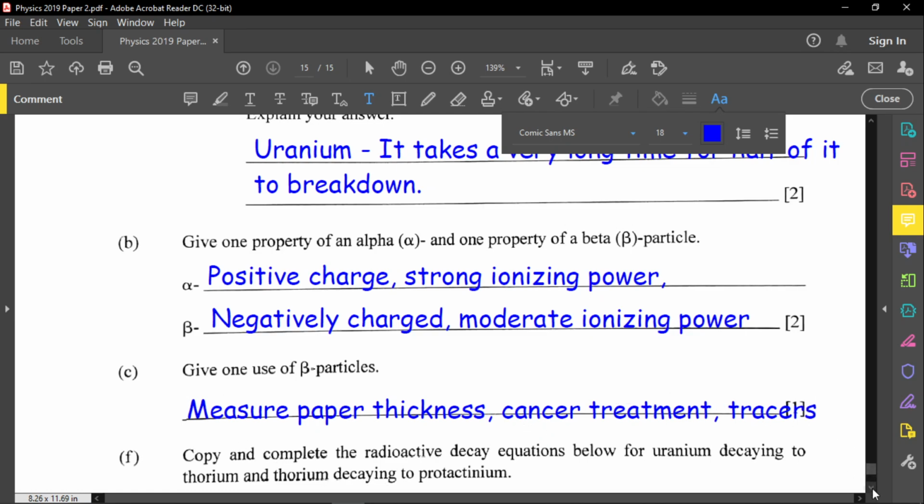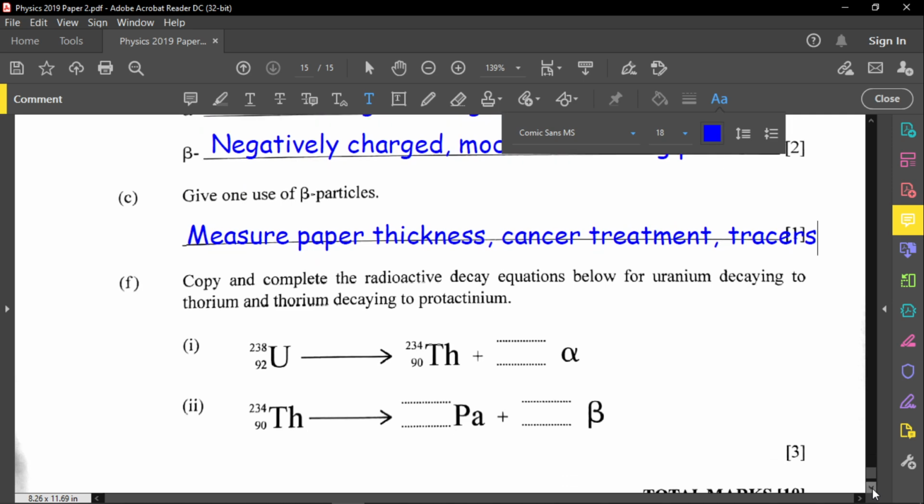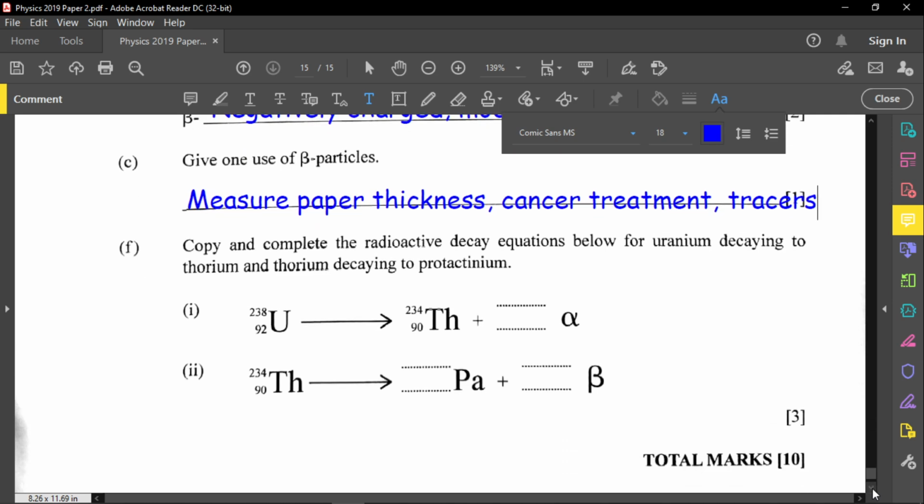All right, so we are at the next part of the question, part F. This is the last part of the question, worth 10 marks. Copy and complete the radioactive decay equation below for uranium decaying to thorium and thorium decaying to protactinium. Look closer at the mass number. The mass number in the product must be the same as the mass number in the reactant.